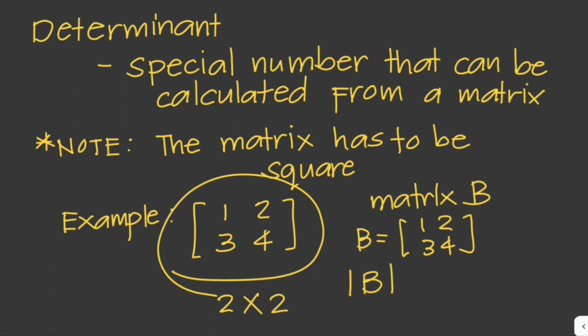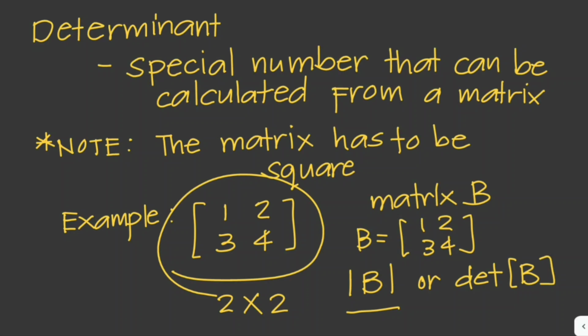If we need to solve for the determinant for matrix B, it is the same symbol as the absolute value. So it is represented by this notation here, or by writing the abbreviation of determinant, DET, then your matrix.